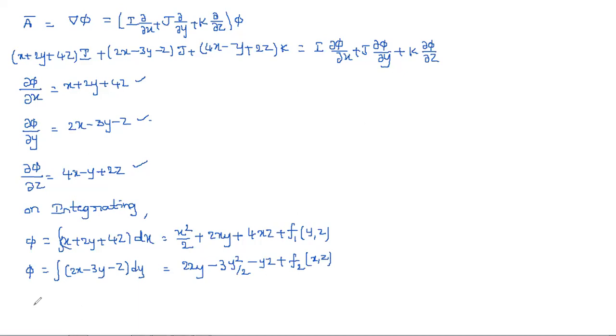And next, the third one: phi is equal to the integral of 4x minus y plus 2z with respect to z, which is 4xz minus yz plus z squared by 2 plus f3 of x and y.